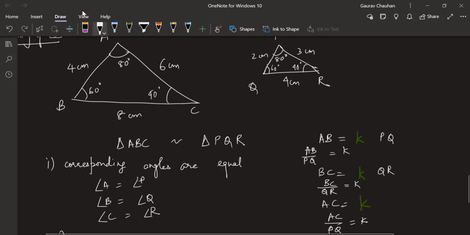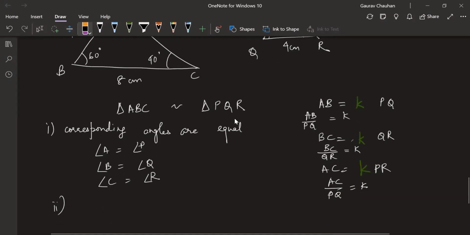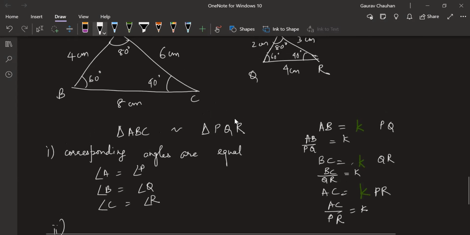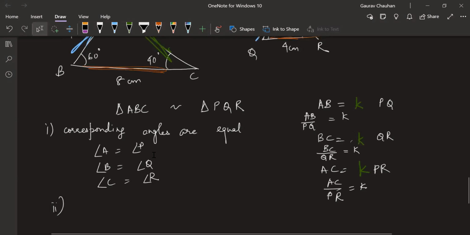So AC by PR. What's happening here is when I take the ratio of corresponding sides, the blue side by this blue side, the green side by this green side, and this red side by this red side, this ratio is the same in all 3 cases.